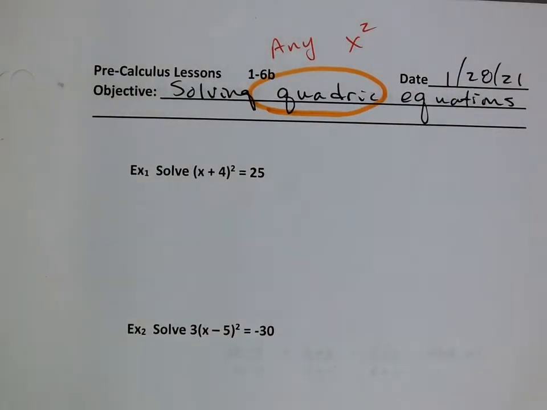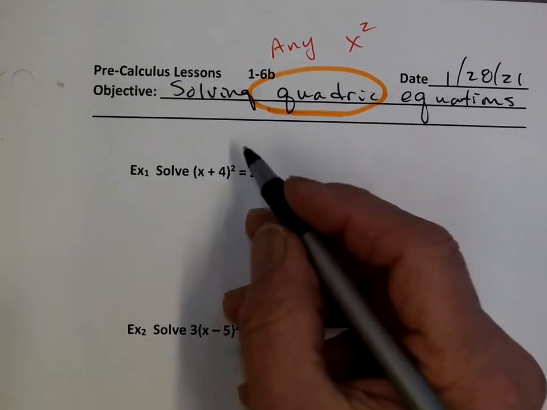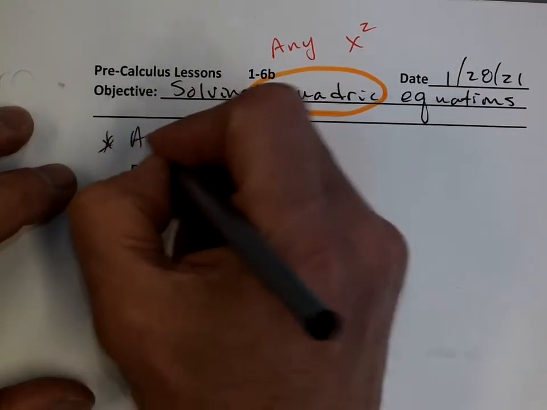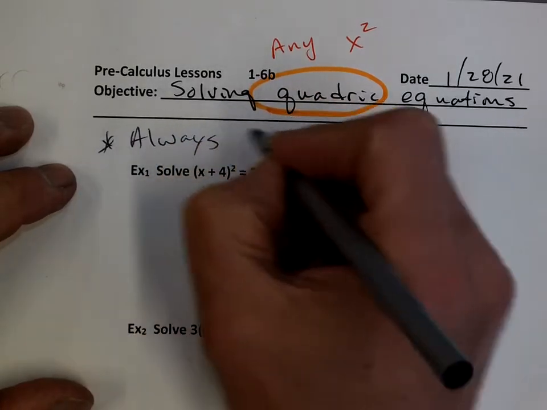So here's hopefully what we do know. Anytime we do any x squared, there's always two answers.